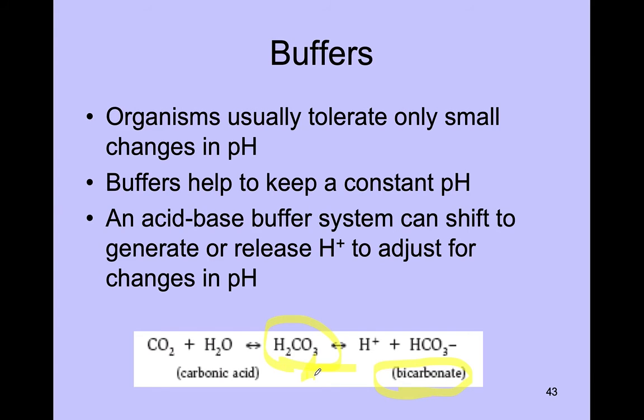The only problem we have with buffers is that they can get used up. So particularly if they are accepting hydrogen ions, then eventually we're going to run out of buffer and we can no longer accept hydrogen ions, and then things will become very acidic, usually very quickly. You may have done a titration in your chemistry lab to show you the using up of a buffer.